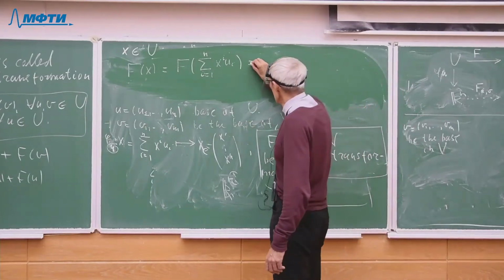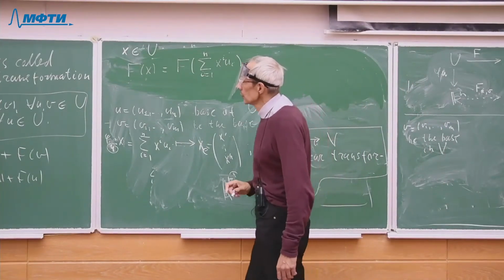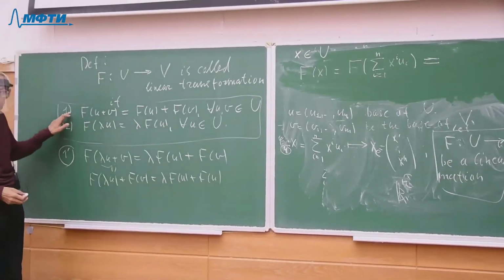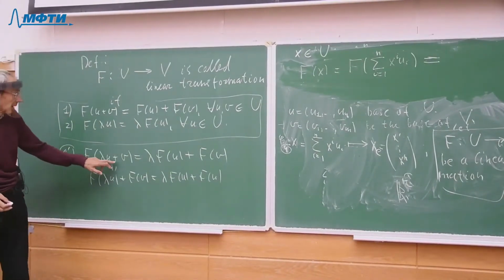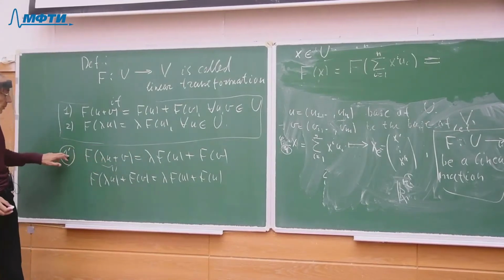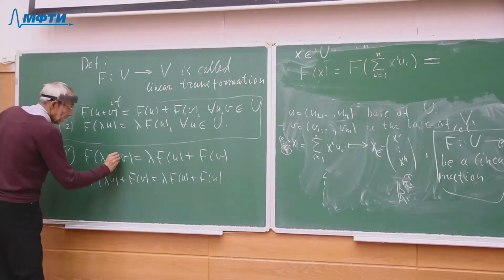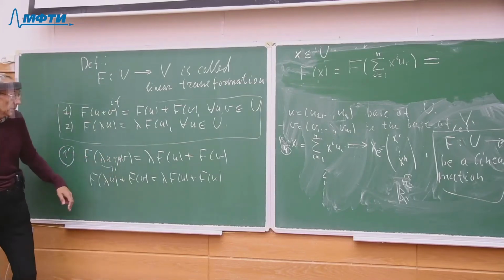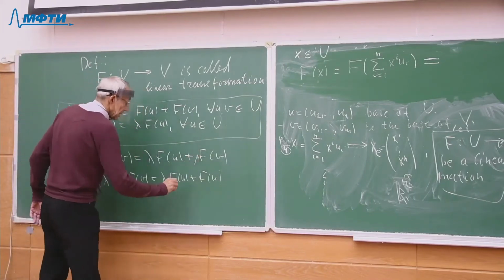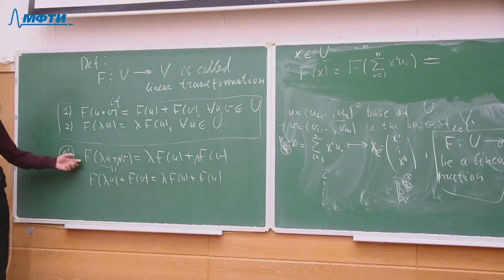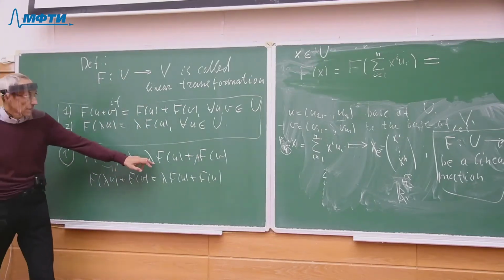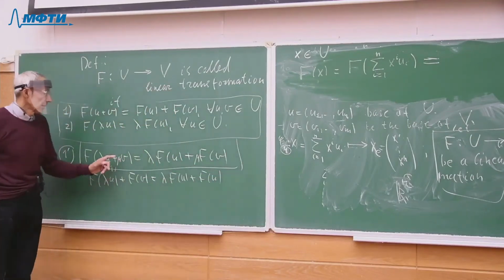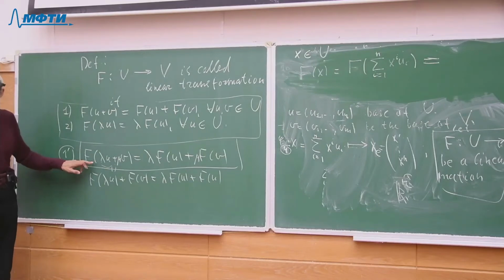After that, we can use these two properties, the properties of linearity. In property 1 prime, I can write another scalar mu, and I can rewrite this equality in this form.